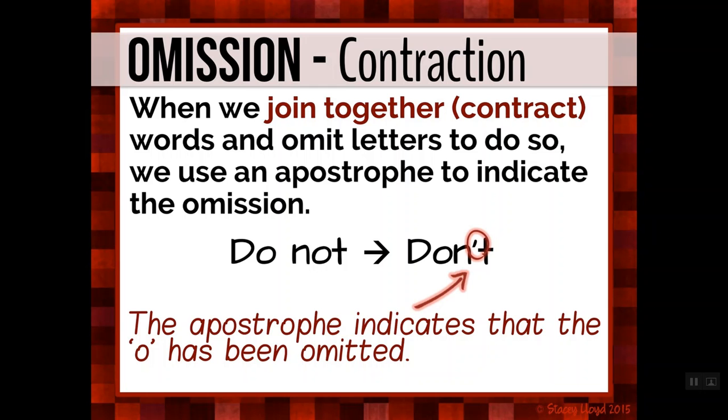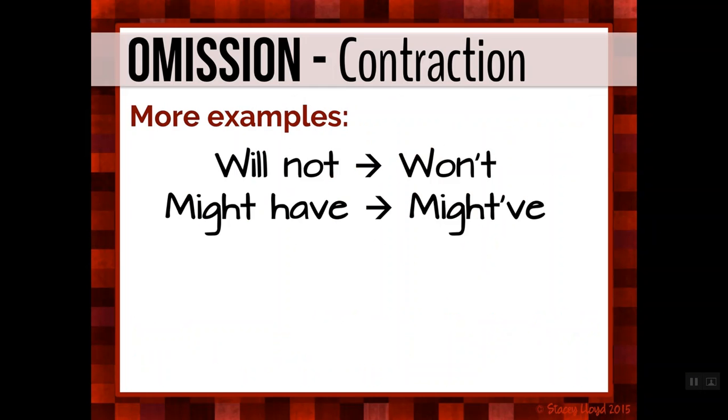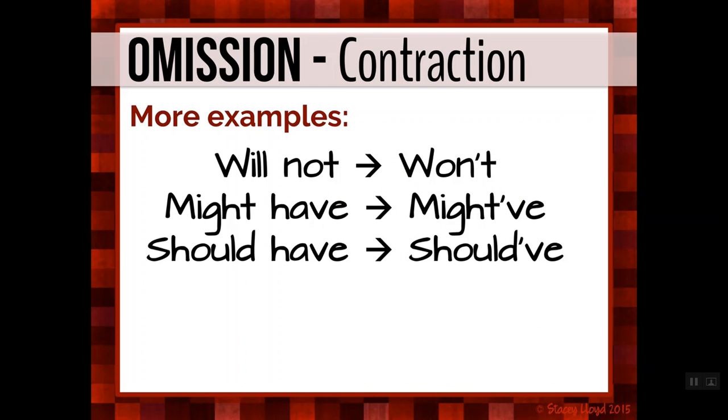You'd use them if you're writing a script, a novel, or fiction, because you want it to be how people really talk, but you wouldn't use them in formal academic writing. So examples: will not, won't; might have, might've; should have, should've; I am, I'm; I will, I'll.